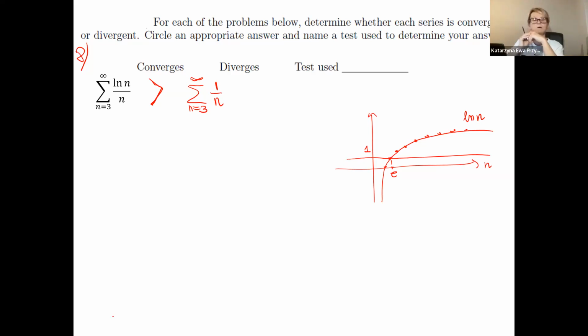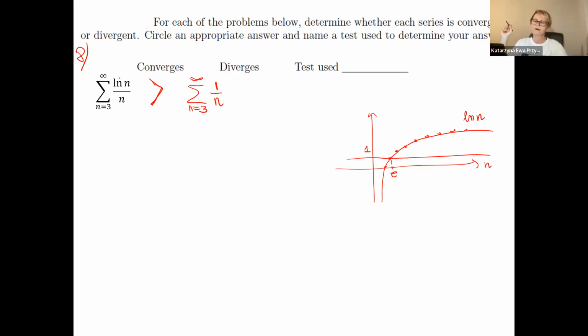Oh, maybe this works. Why did I think this doesn't work? Is the inequality correct? No, something is wrong, or maybe I have just natural log of n is greater than 1.